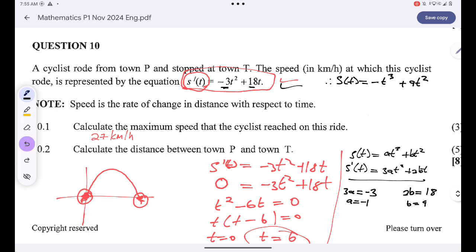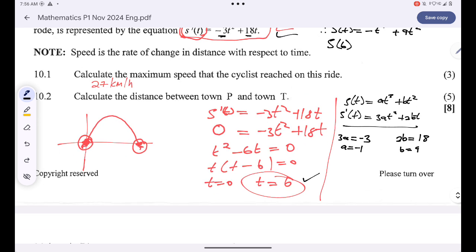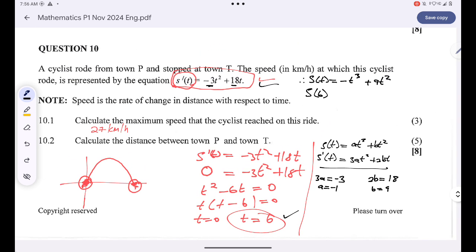So for me to find the distance covered from town P to T, I just need to say S of 6, because I found the person has traveled for 6 hours, right? So that's negative 6 cubed plus 9 times 6 squared.